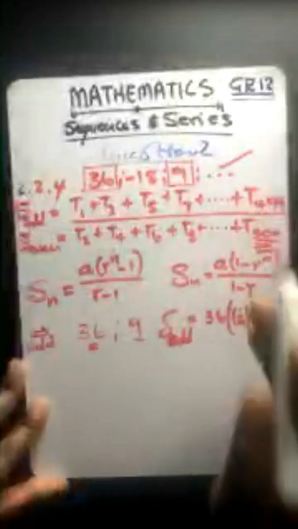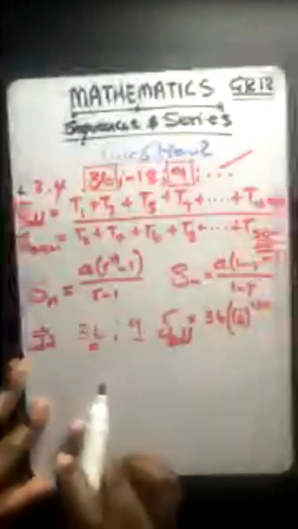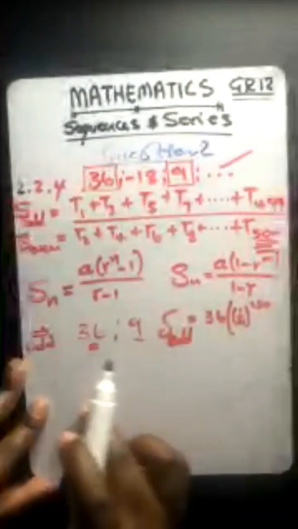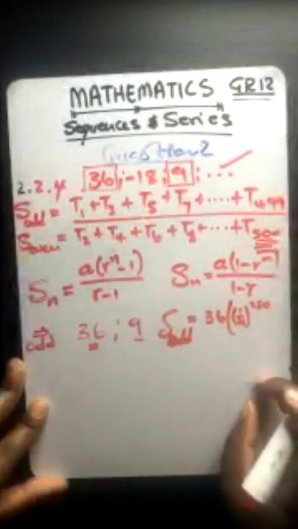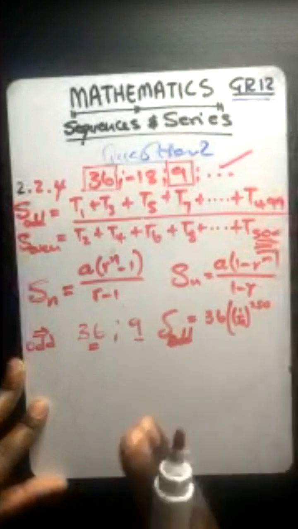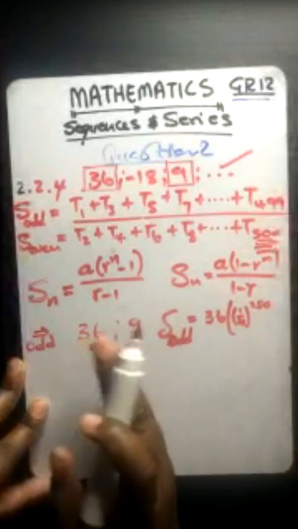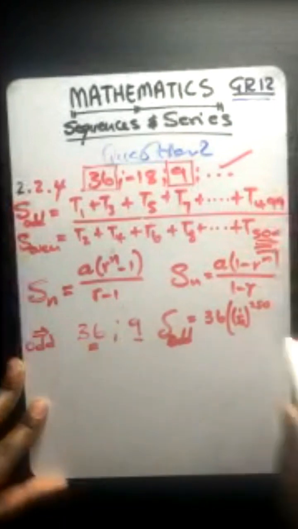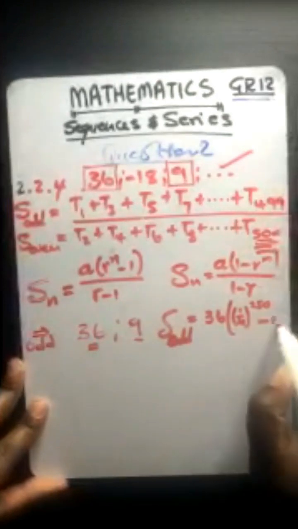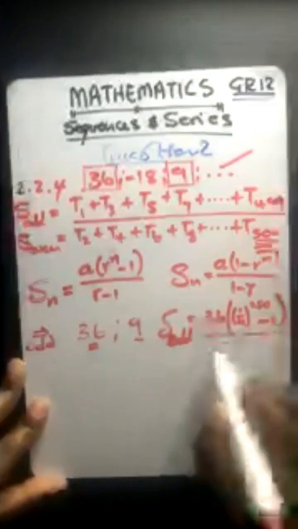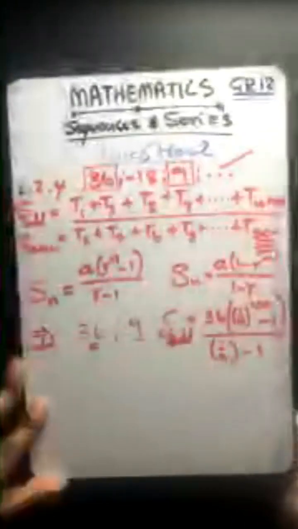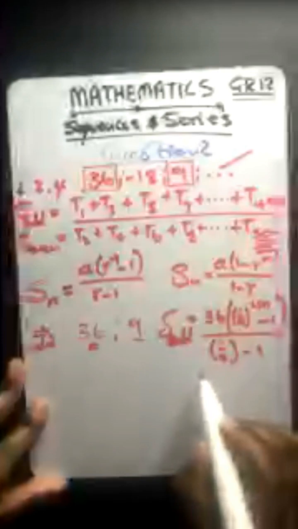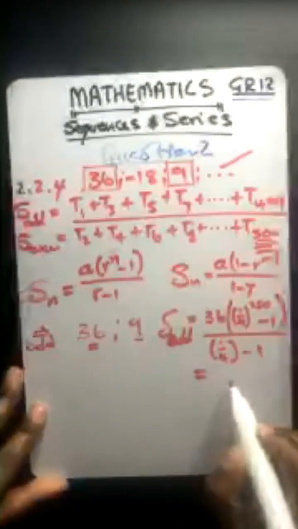It's half, just like with my 8 terms: within a sequence of 8 terms, half are even terms and half are odd terms. Then you say, minus 1, you close all of that, divided by 1 over 4 minus 1. That's what you guys are saying. Then what is the answer?